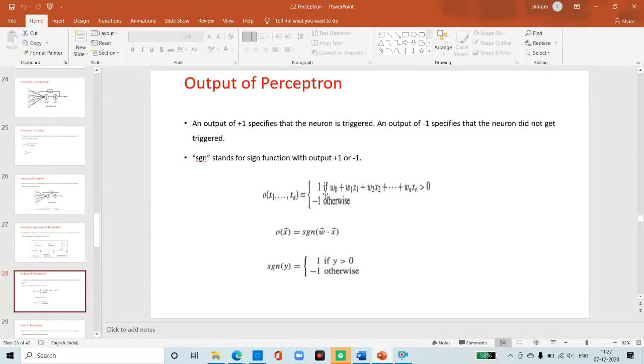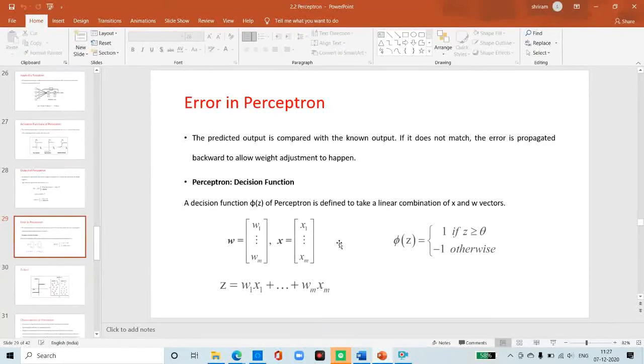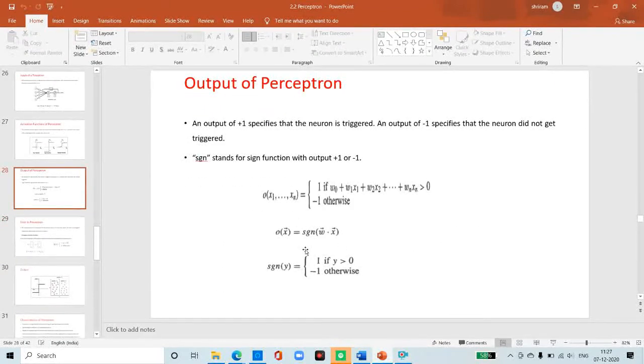If W0 plus W1 x1 plus W2 x2 up to Wn xn is greater than 0, then the output is 1. Otherwise the output is minus 1. Wi is the weight contribution of input xi to the perceptron output, and W0 is a bias or threshold.